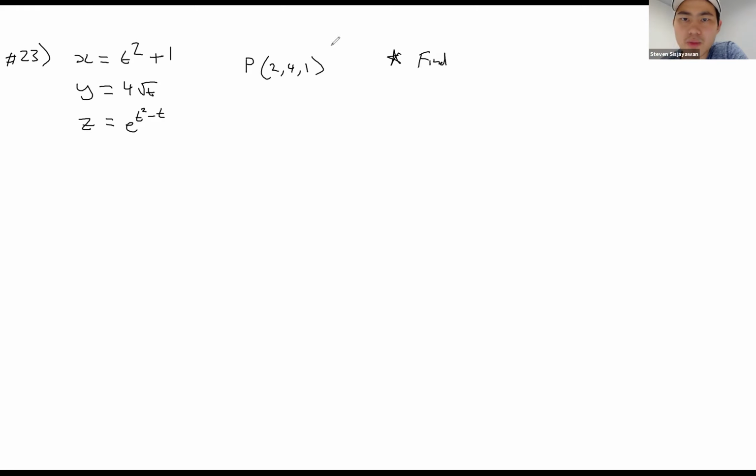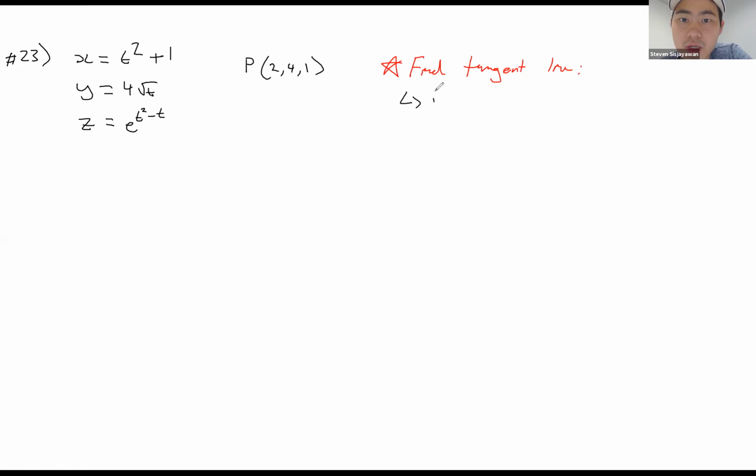So you're basically trying to find the tangent line from these constraints they give us. Let me use red. The question is to find the tangent line. From our discussion with lines, we need two things to form a line.